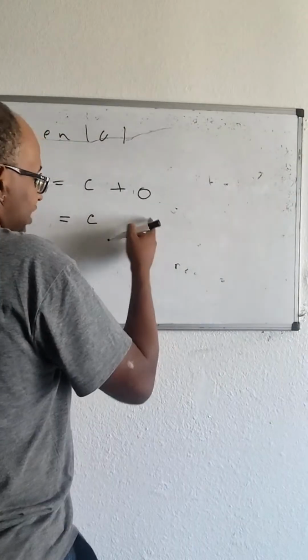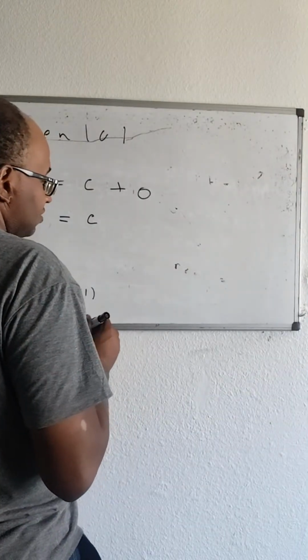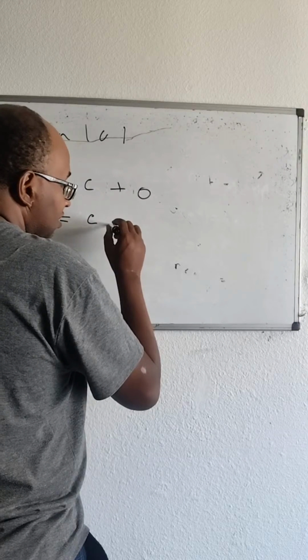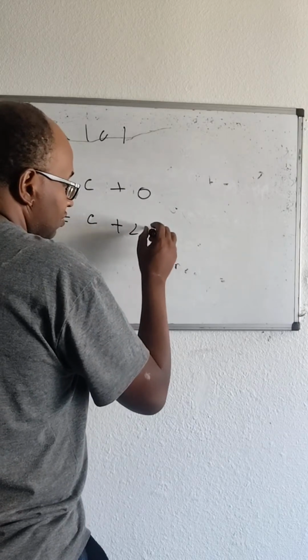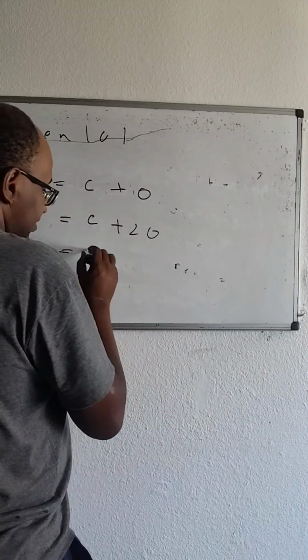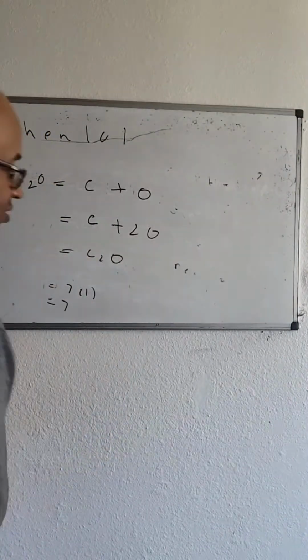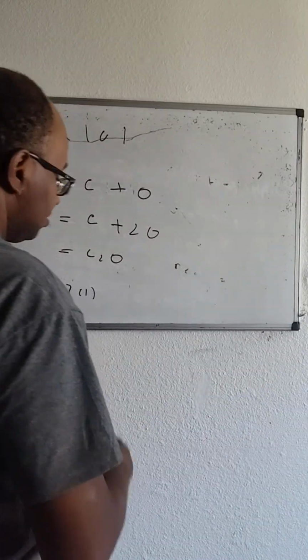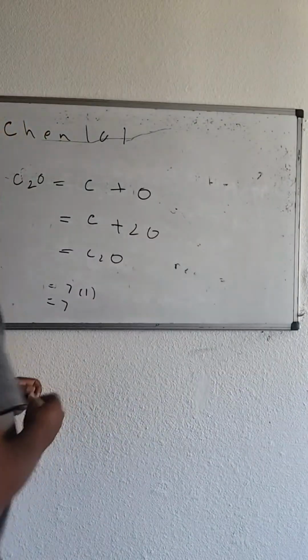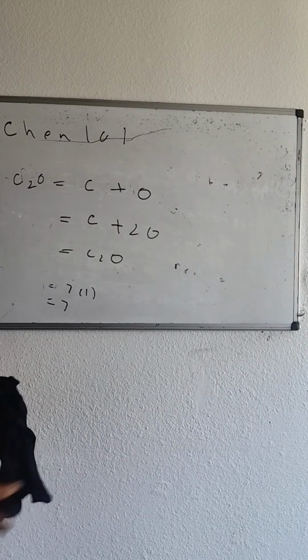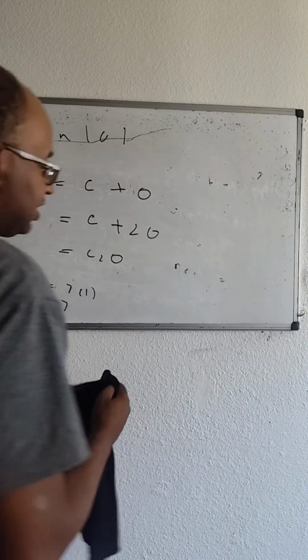We need to get 2 oxygens. So let's make this 2O, which gives us CO2 when you combine them, right? They switch places. And let's prove what it is.